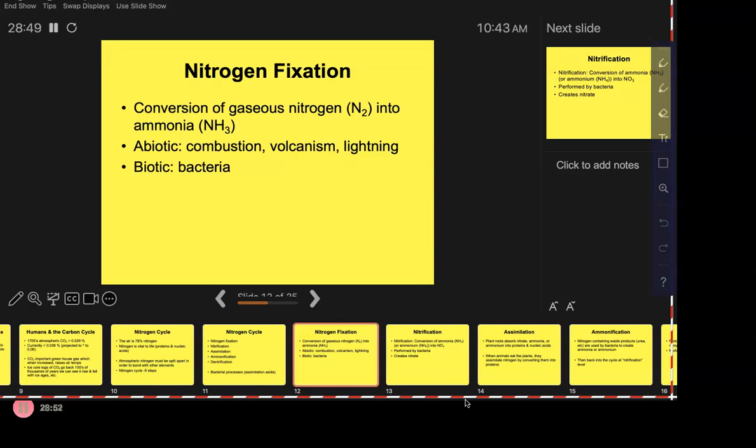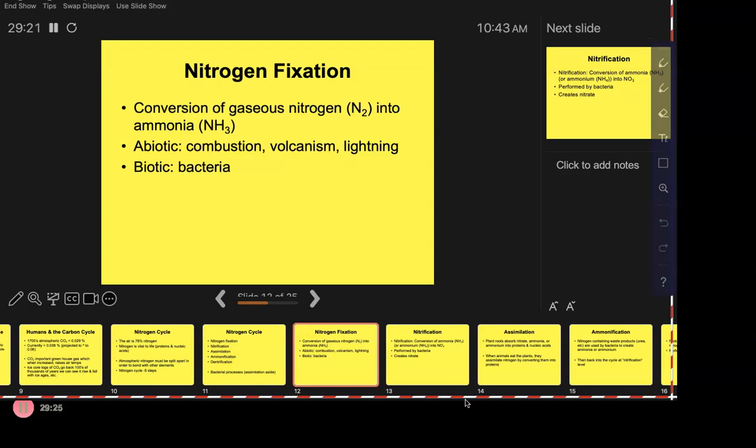So this can be done both in the abiotic realm and the biotic realm. We already mentioned the bacteria, of course, but just in everyday life, combustion can break up nitrogen, fire. Volcanism, I'm not really sure how volcanism does it, maybe extreme heat. And then lightning striking through the air molecules splits all those little N's right in half.